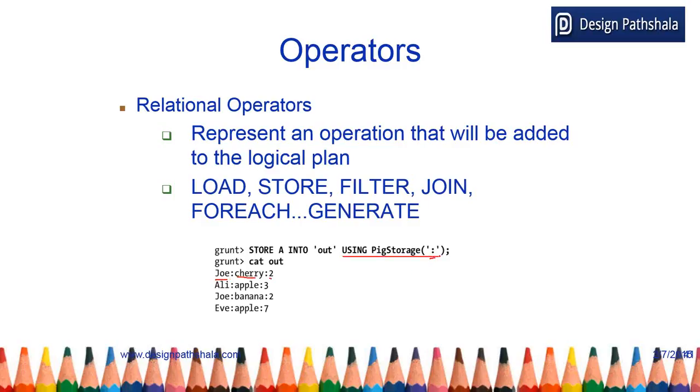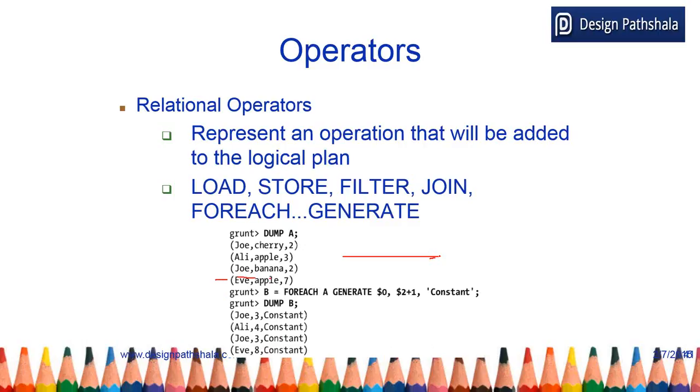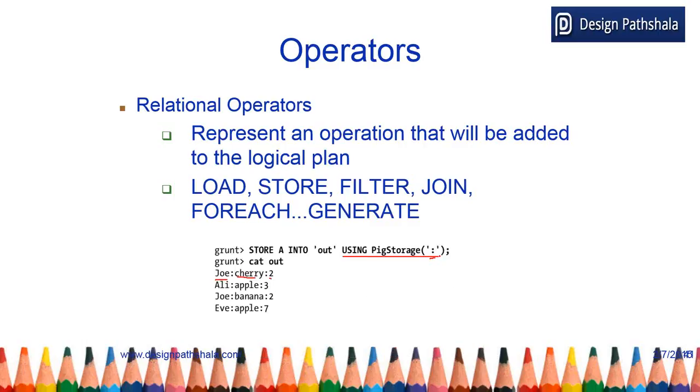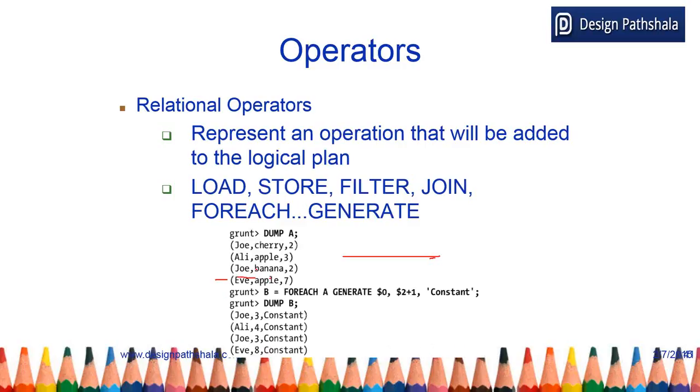Let's look into different things. Now I said dump A would be visible something like this, because you are dumping that on screen, so that will be visible as a tuple. But this is the same data which we have looked into in this file, which was colon separated. And now what I say is, foreach A generate $0. I hope we understand $0, that is the first column, $2 plus 1 and a constant.